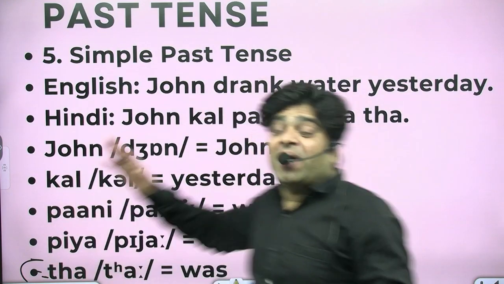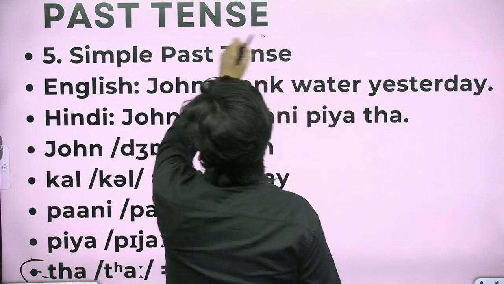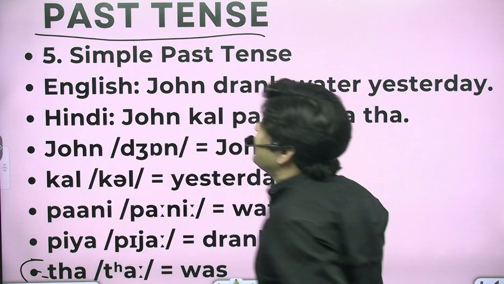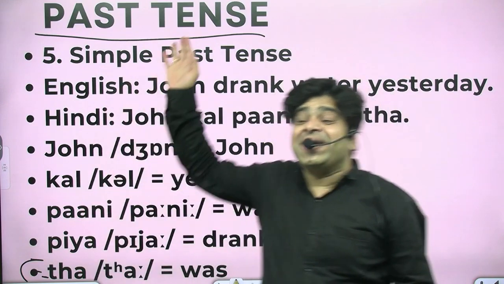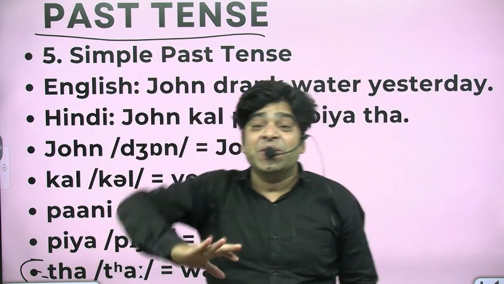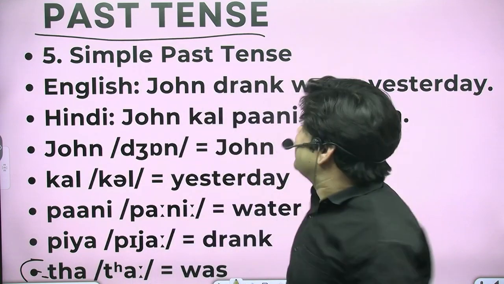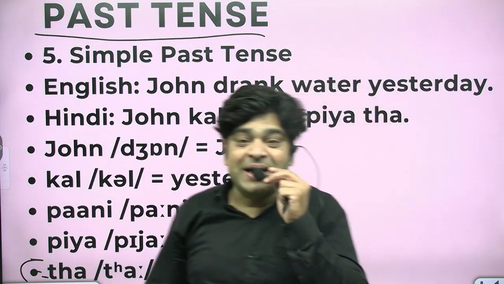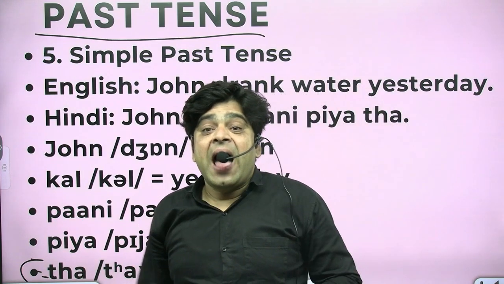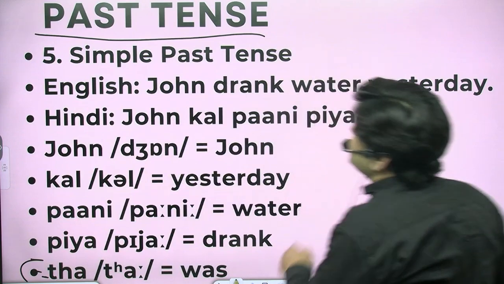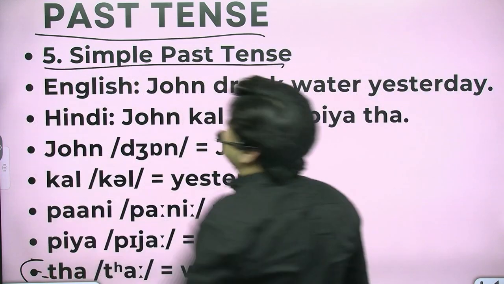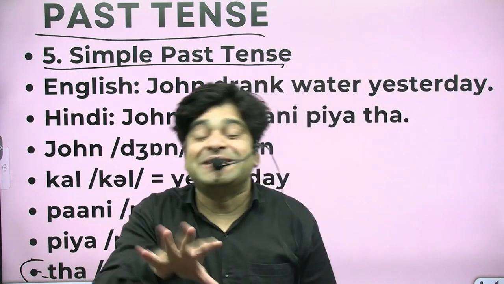As expected, in today's video we are going to use the verb drink in the past tense. In the past, first let's check simple past. What happens in simple past?